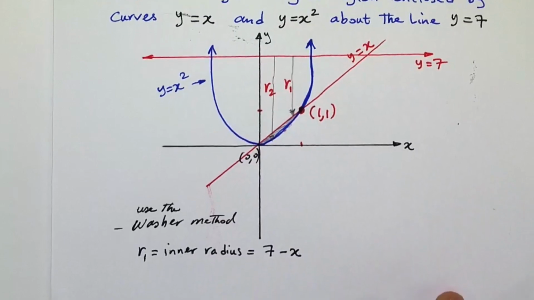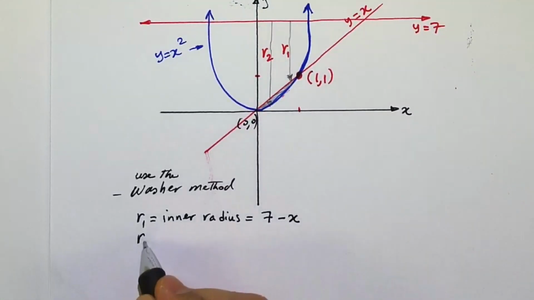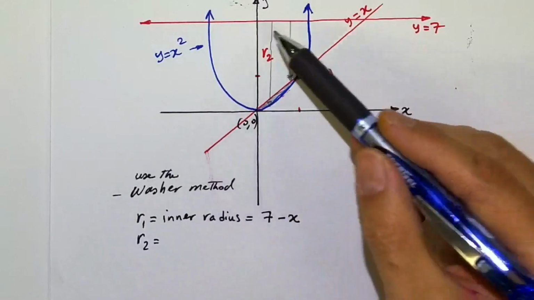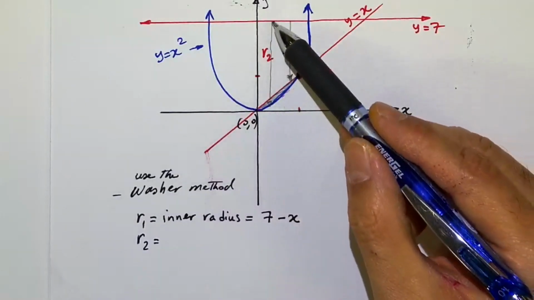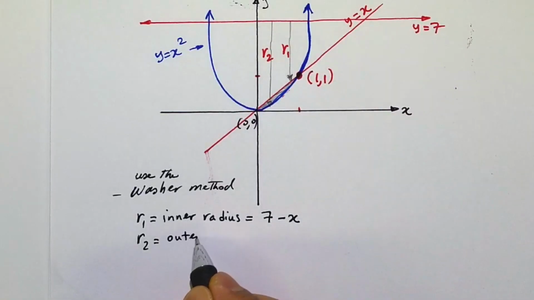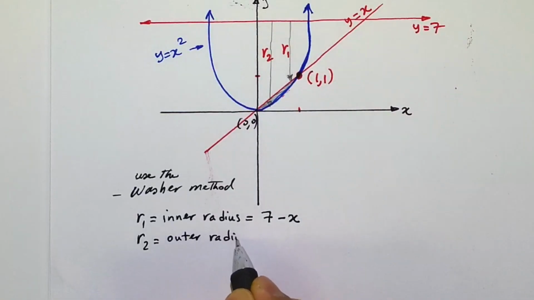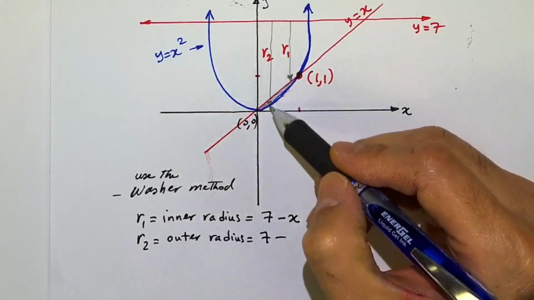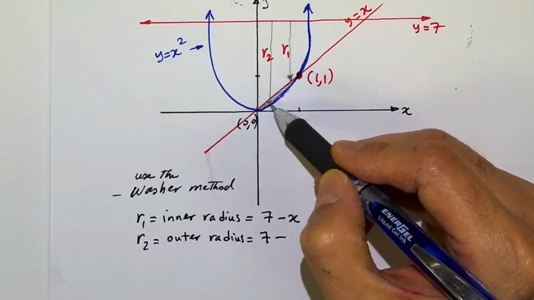And then the outside radius, or R2, as I've labeled it in this picture, would be, again, 7, the total distance from that horizontal line to the x-axis, and then, of course, minus that distance that falls on the curve, right?